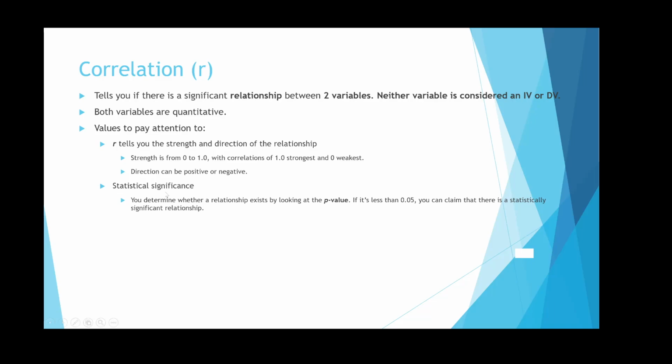Now, statistical significance is something that you can add alongside a correlation coefficient. This will tell you if there is actually a relationship. So correlations that are close to 0, they might not be exactly 0, but they're really small. Typically, those are going to come out as insignificant, meaning there's really no relationship that's worth paying attention to.